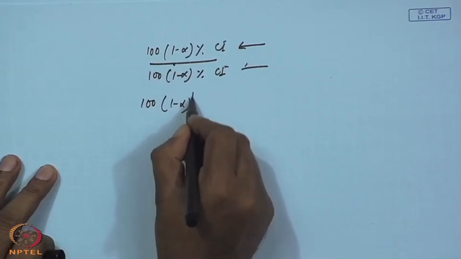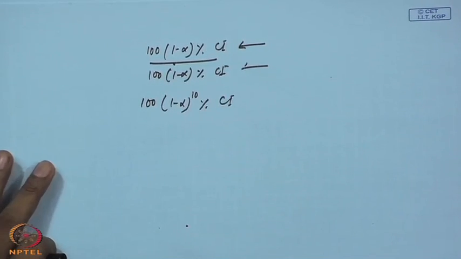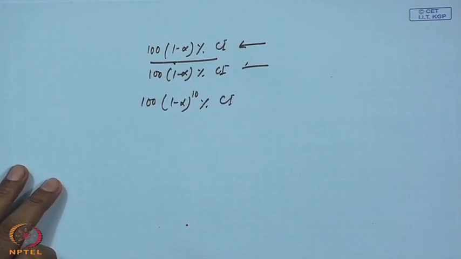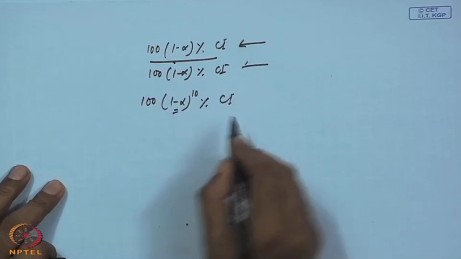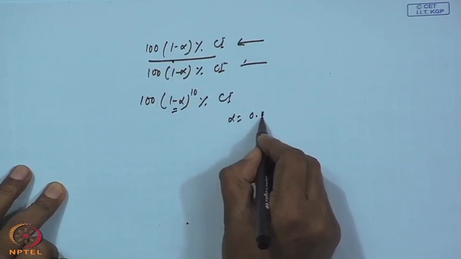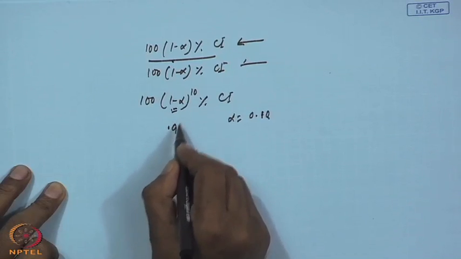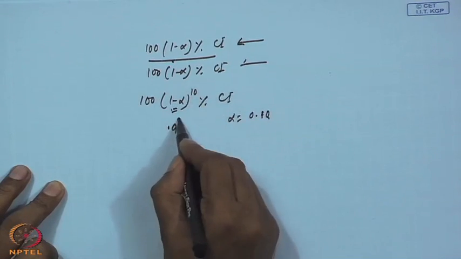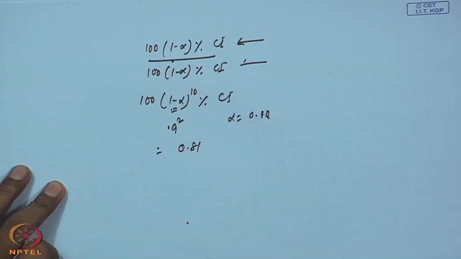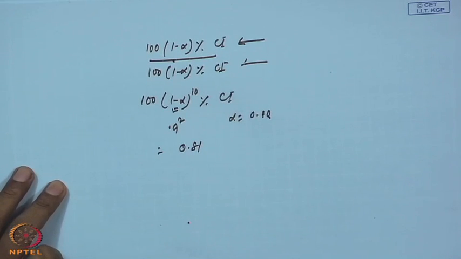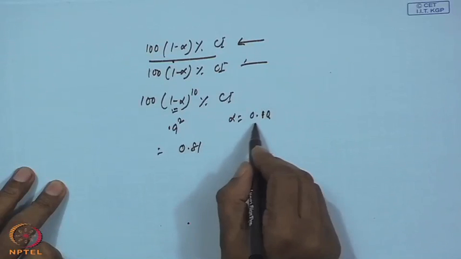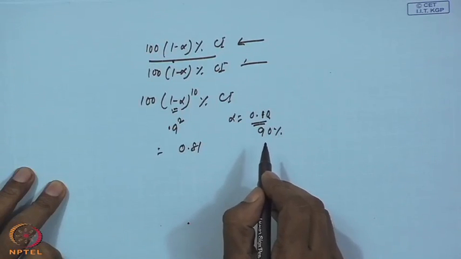You will get a 1 minus alpha to the power 10 percent CI, considering that you are estimating all the CIs independently. Suppose alpha is 0.1, then it is 0.9 to the power, even for the two variable case it will be 0.81. So, you are getting an 81% simultaneous confidence interval. You will not get the 95% or here 90% that you thought of. So, you require to rectify this.